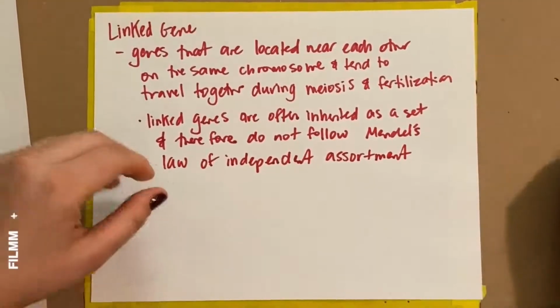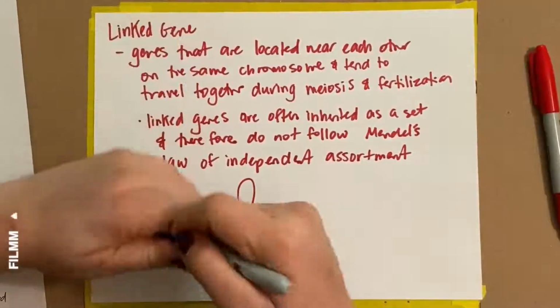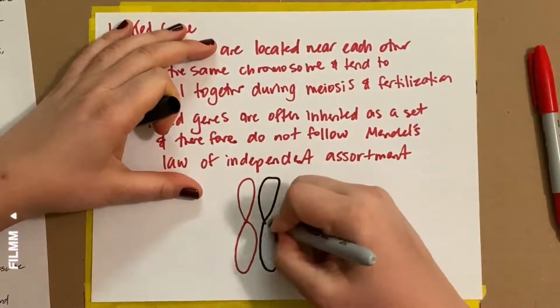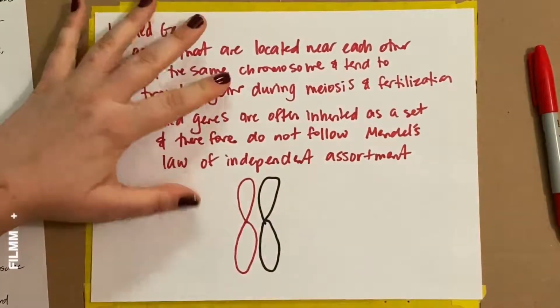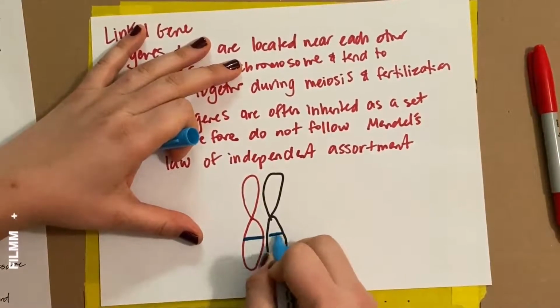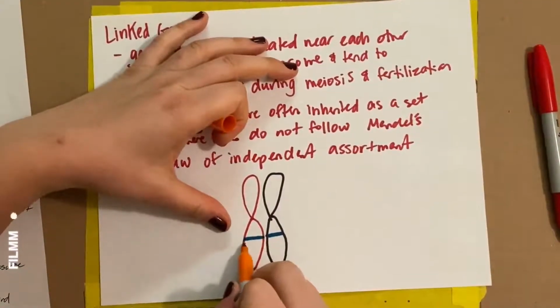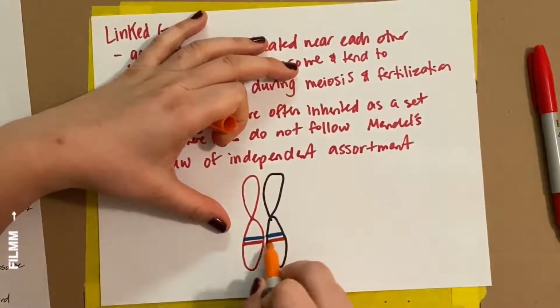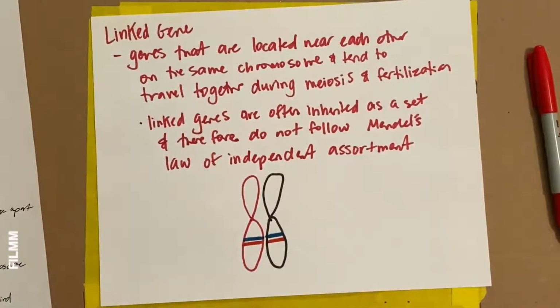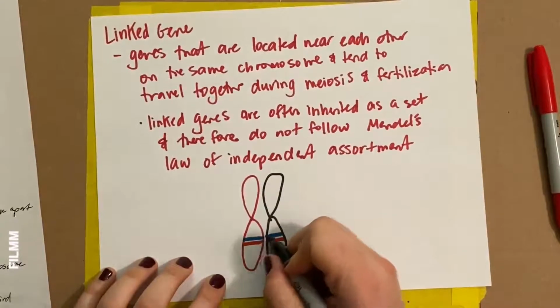Just to show you what this looks like, if we have mom's DNA and dad's DNA, and I'm going to draw on here a blue gene and an orange gene, and they are very closely located on the same chromosome, then during crossing over it's unlikely that they're going to get split apart from each other.